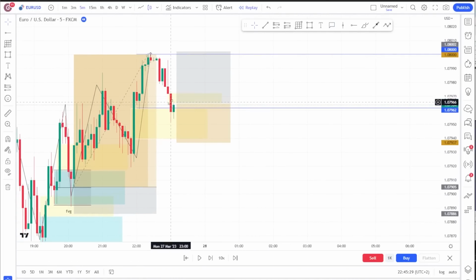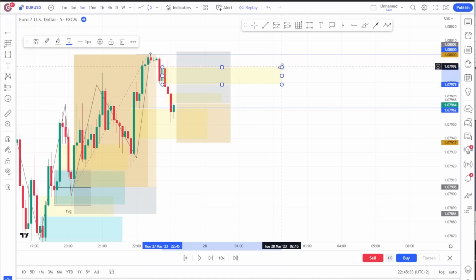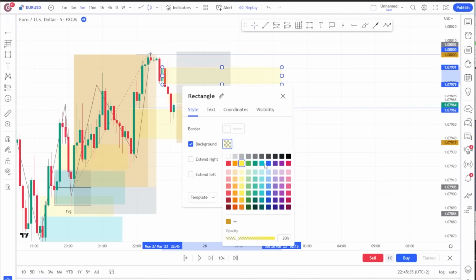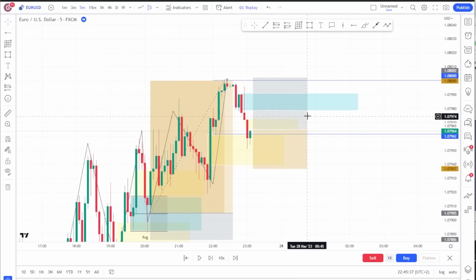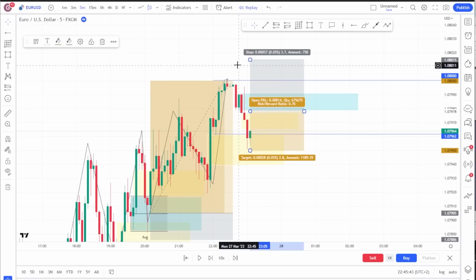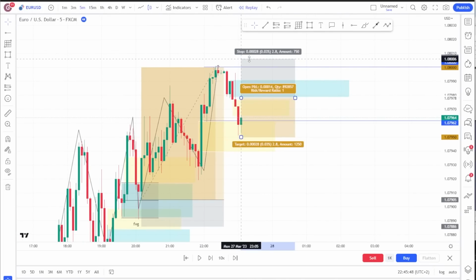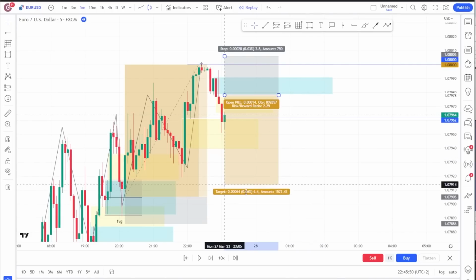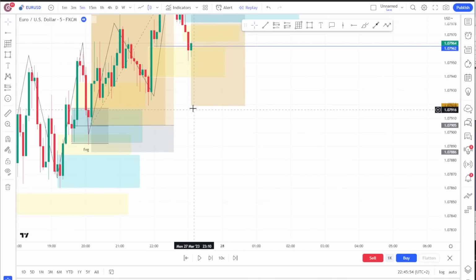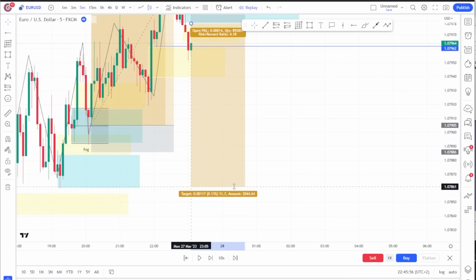So we would have the order block, which will be this here. Make it blue, and the fair value gap I've marked out here. We can actually extend it because there's two fair value gaps here. So we can enter like so, give it 0.5, and I would probably go break even at this point right here, and we can target these lows.